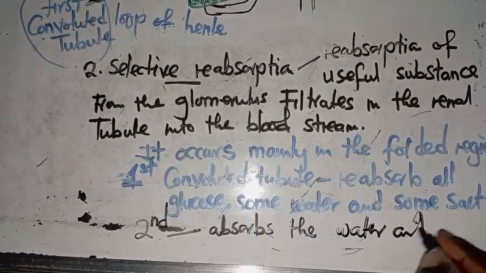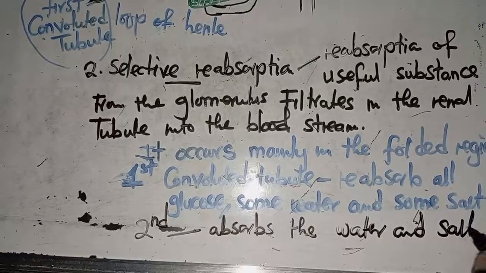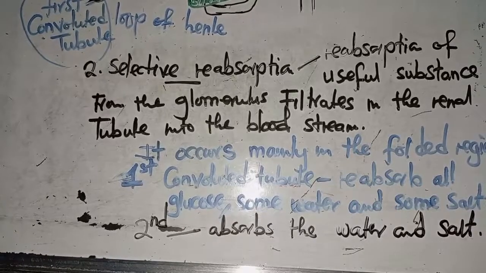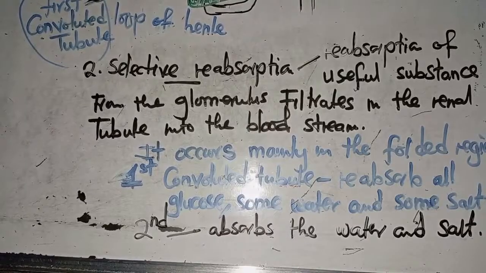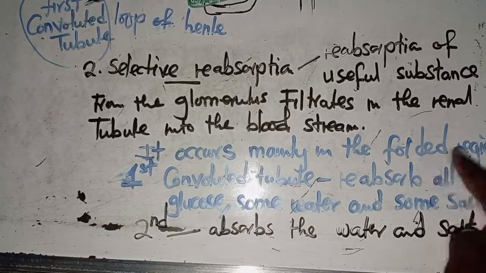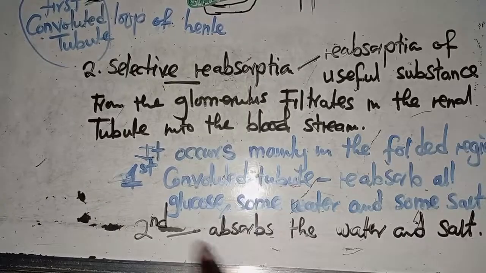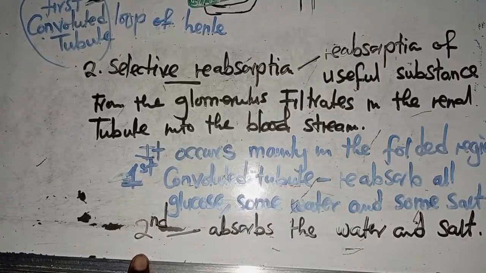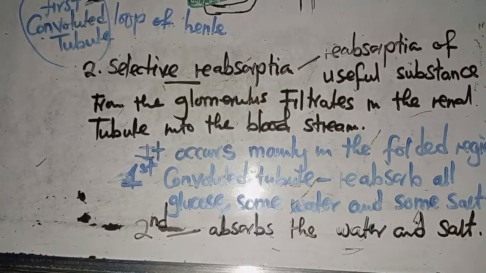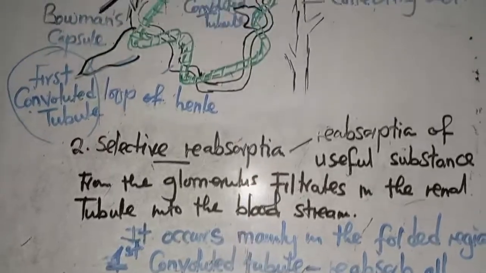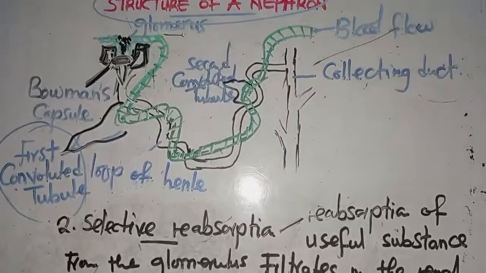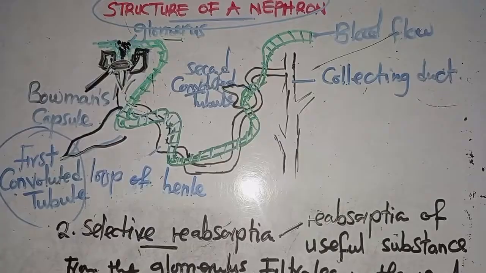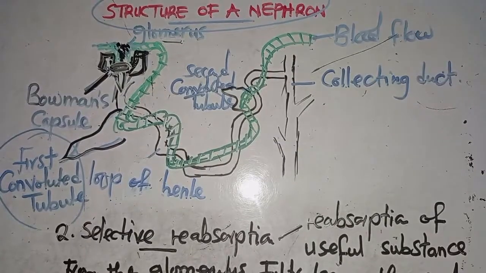I've told you that selective reabsorption only gets to happen on those folded regions, the first convoluted tubule and the second convoluted tubule, and I've explained what happens on those parts.